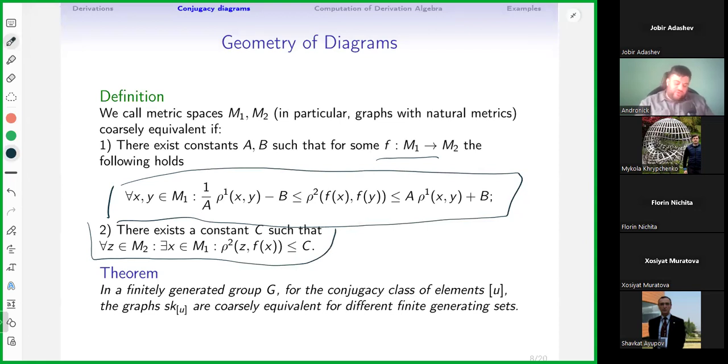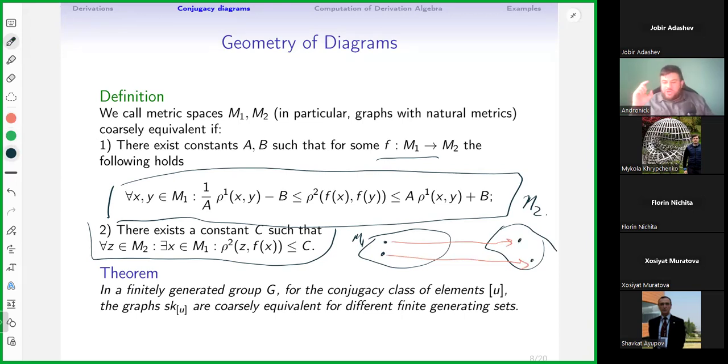If you take two points in M1, then their images are not very far from each other. They are controllable. Two points which were far away will again be far away, but not very far. This is the geometrical view of it.